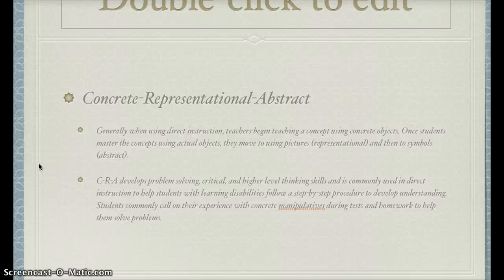Kids a lot of times will recall using the concrete manipulatives when they're doing their homework or taking tests, and that really helps them to come up with correct solutions to math problems on tests and during homework. So usually, again, you start with using the concrete object, and then once the kids understand the concrete object, then they would move to using the representational and then to symbols.